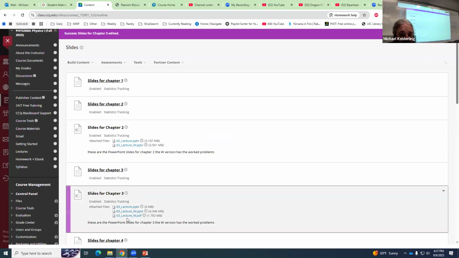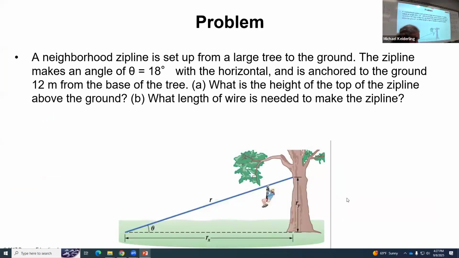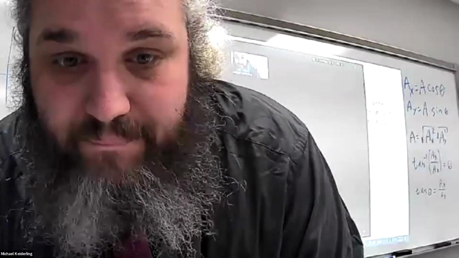Slides for chapter 3 with several attachments. I just added the PDF of the ones with the word problems. Hopefully that will work. I'll go through and do that for the other ones tonight. Why does this always happen?